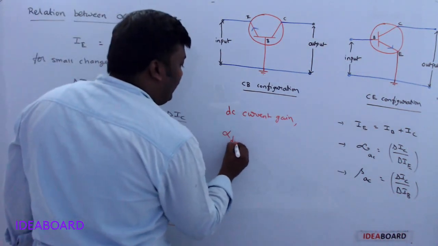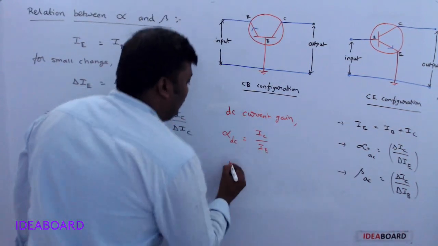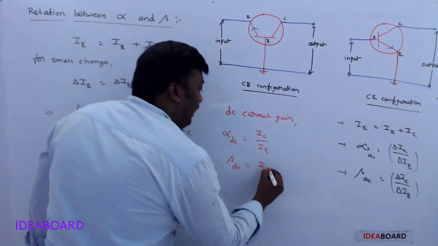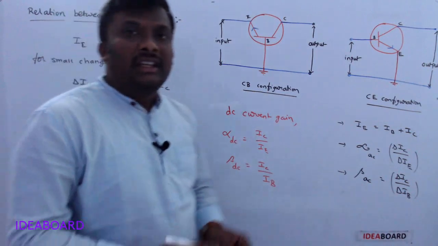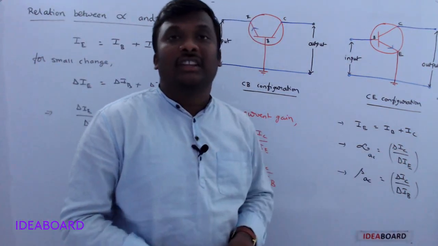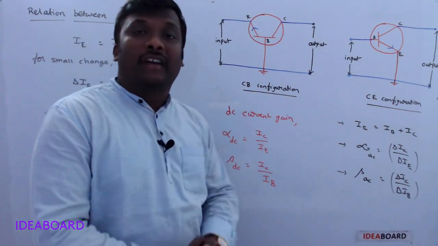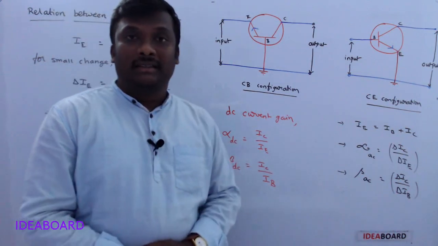One is alpha DC value, IC by IE, and beta DC value, IC by IB. Those AC ones are small change in collector current and small change in emitter current, but here we may directly write the values of collector current and emitter current. We got the alpha DC and beta DC.